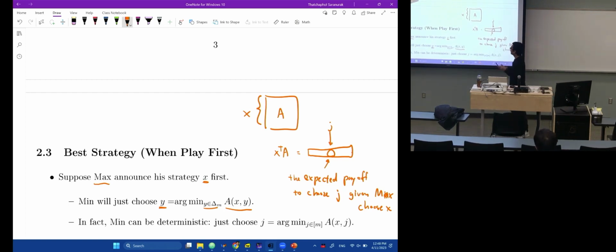When Min knows the distribution of Max, she can just multiply X by A. Now it's just n numbers that she needs to compare. Just choose the one that minimizes the expected payoff. So Min can just be deterministic and choose the column j such that A(X,j) is minimized. Right?